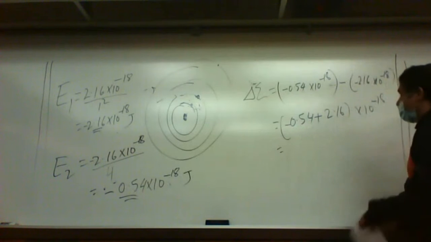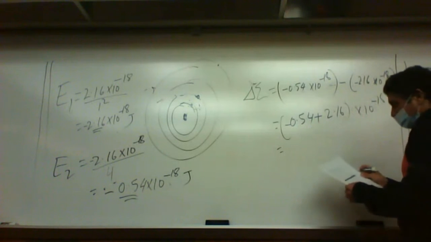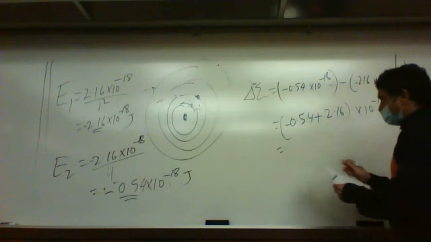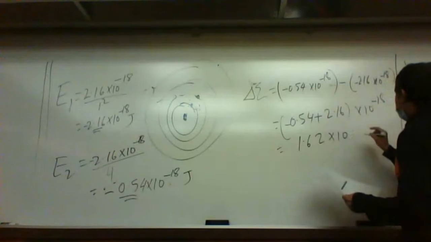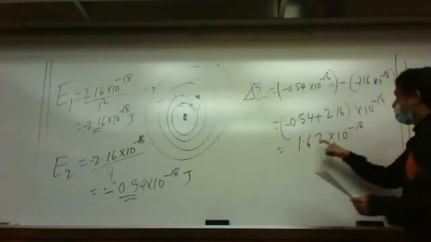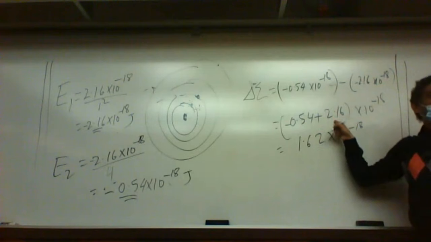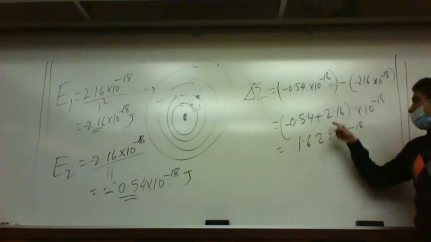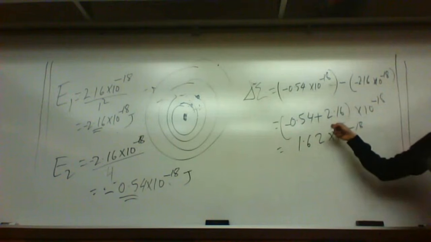So the difference would be 2.16 minus 0.54. How much is that? So 1.62, so 1.62 times 10 to the power minus 18. So this number never comes above 2.16. The number you get here will never be bigger than the bigger number here, right?